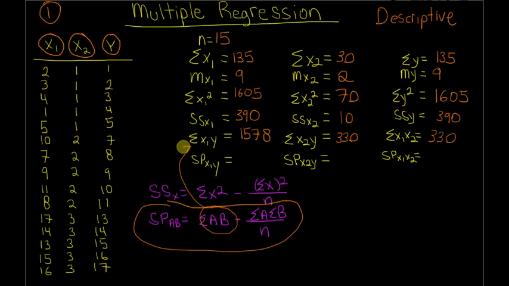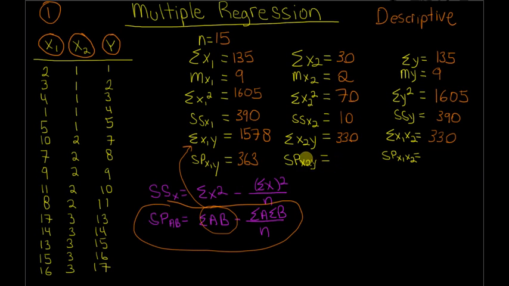This value here is going to be the multiplied values of the sum of x1 times, in this case, the sum of y. So 135 times 135, that's what you'll put in the numerator right here, and then n is 15. And when you solve for those values, you're going to get 363.